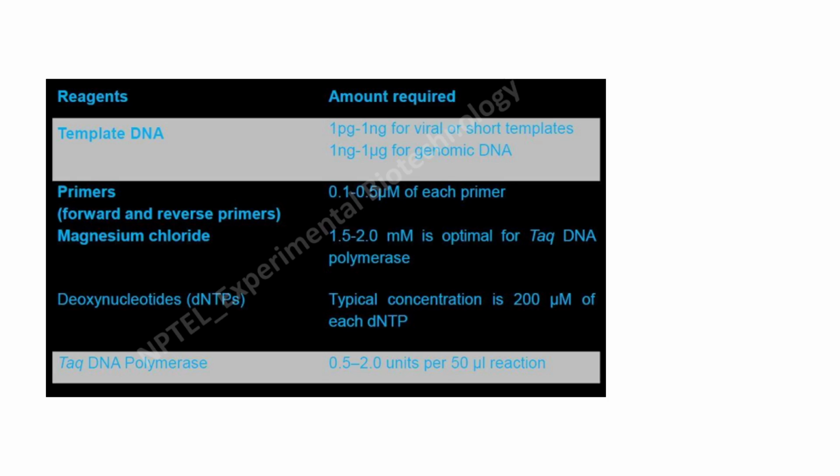For plasmid DNA or shorter templates, we can use DNA from 1 picogram to 1 nanogram. 1 nanogram of DNA is more than enough for amplifying. But if we are using genomic DNA, we need from 1 nanogram to 1 microgram, at least 100-200 nanograms in order to amplify a particular region from the genomic DNA.